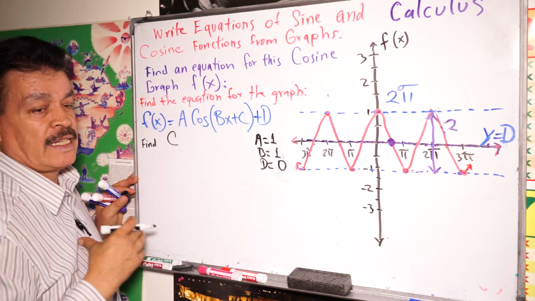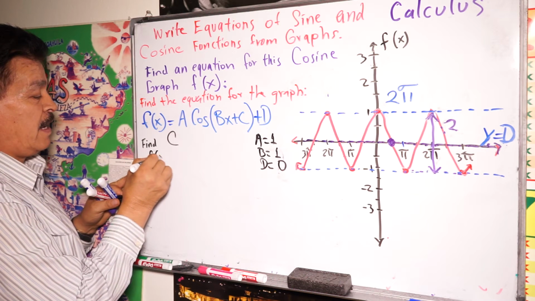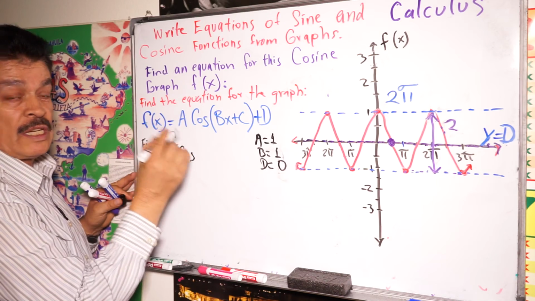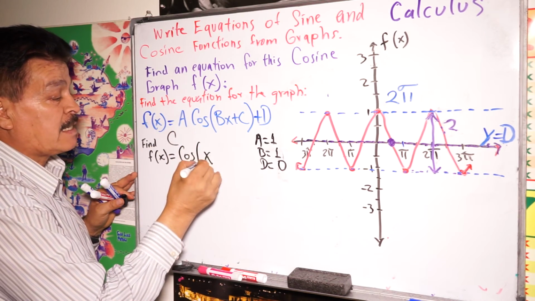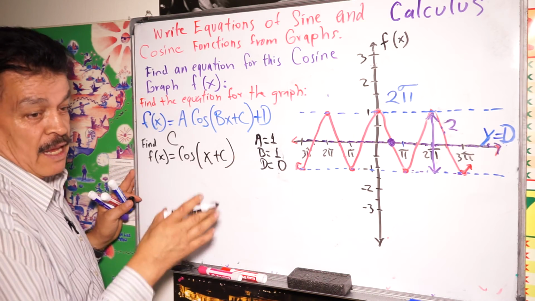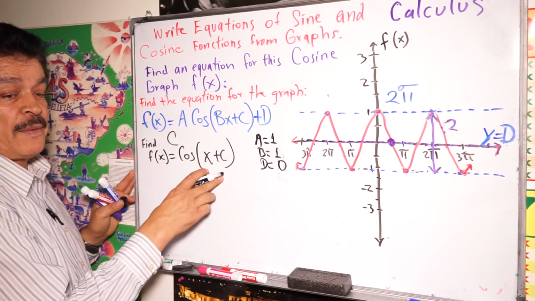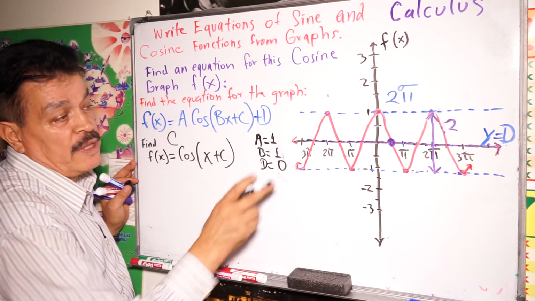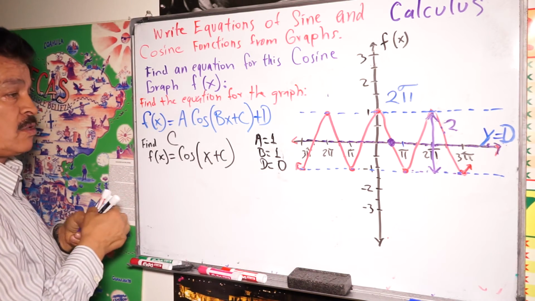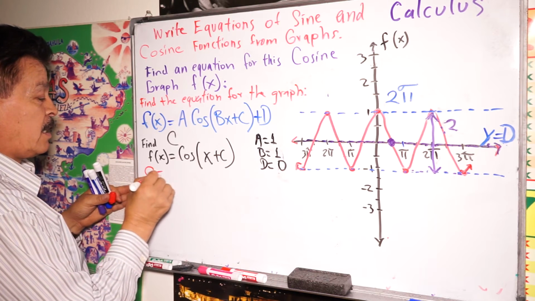C in this case, for this function, we have f(x) equals cos(x plus C), in general. So for this case, C is the number that makes this equation true. C equals 0.